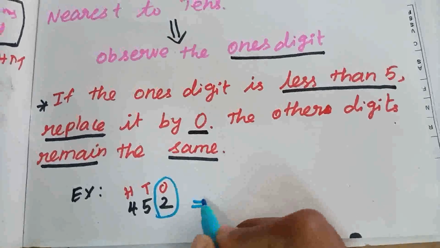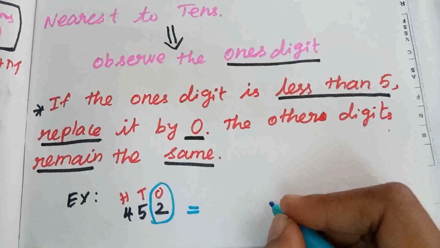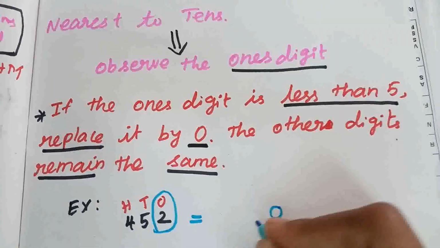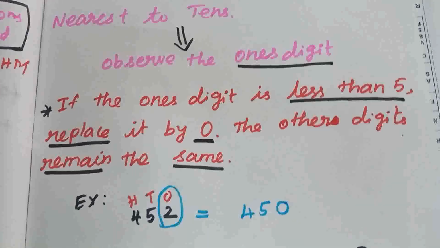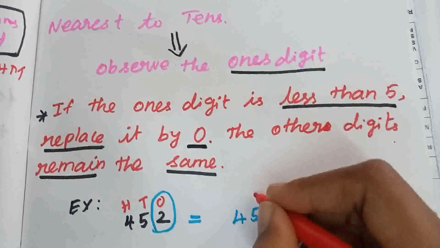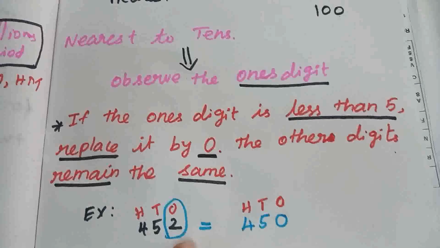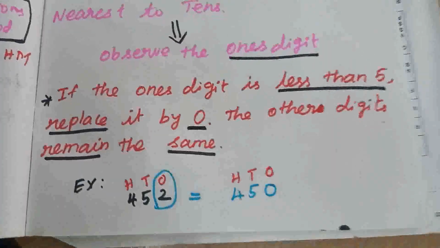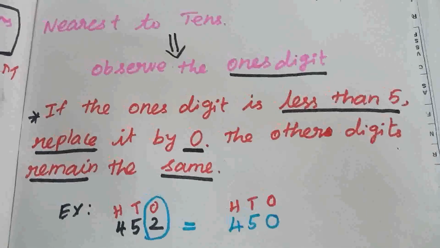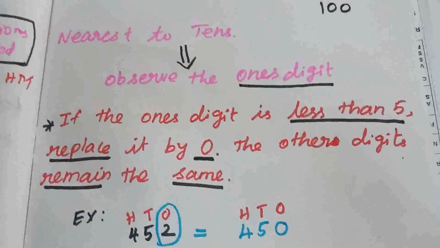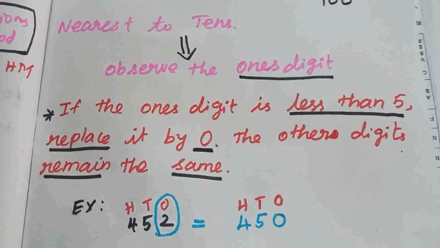Very good. Super. So less than 5 means you have to put 0 in the ones place. Remaining numbers you write as they are. So this is the nearest to tens value for this given number. Okay. Any doubts? So first you circle or underline the ones place. Then you check the condition, less than 5 or more than 5. Less than 5 means you replace that place by 0. Remaining digits you write as they are.